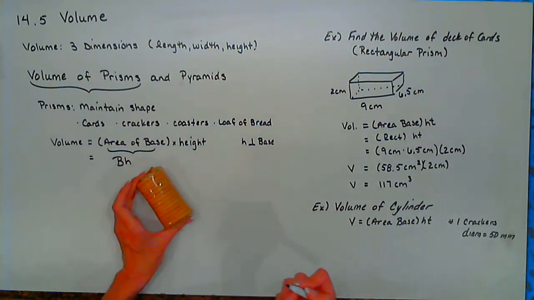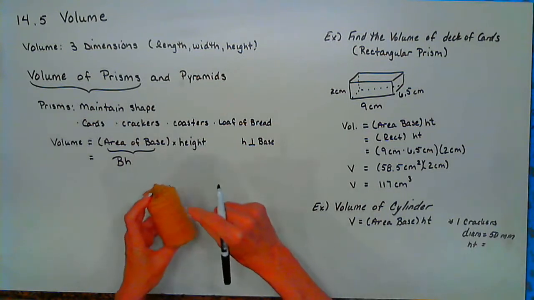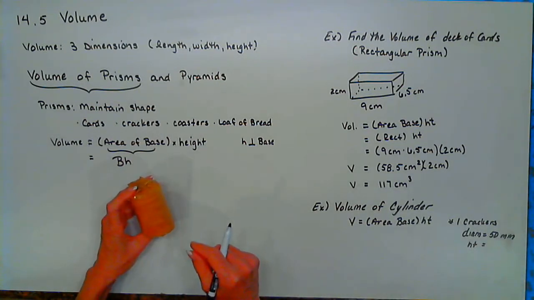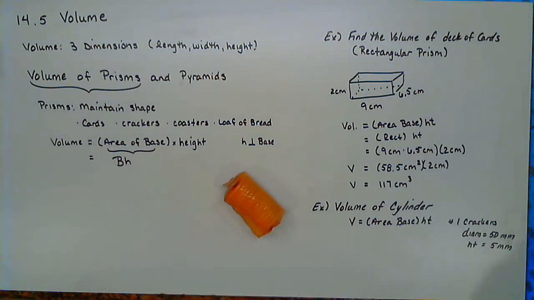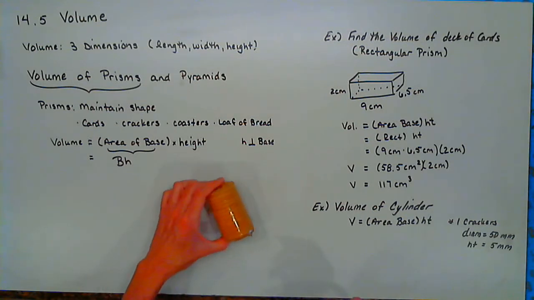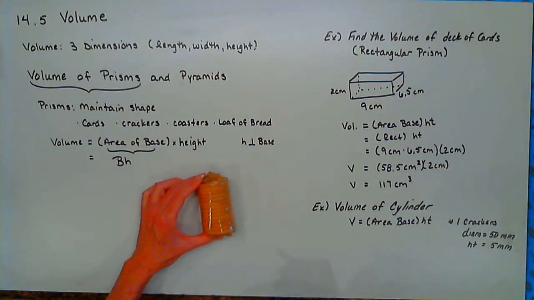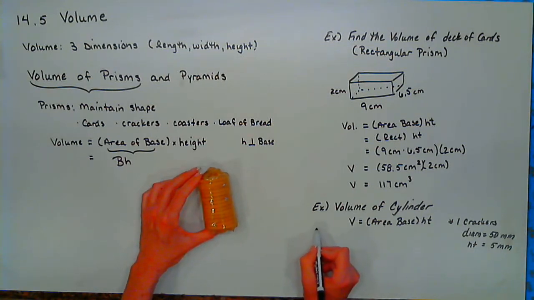And just for your information, the height of one cracker, if I were to measure one, is about 5 millimeters. I needed to make sure the units of measure were the same, so I went with millimeters. If we were to do the volume of the stack, I know what one cracker is. I know this is a cylinder.